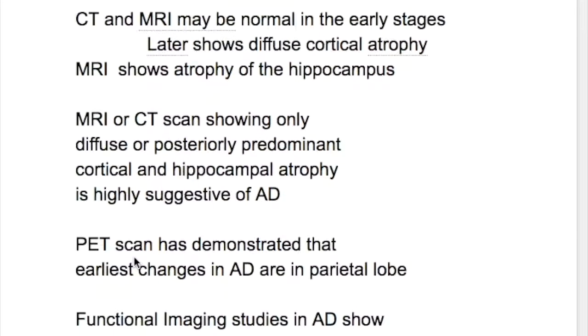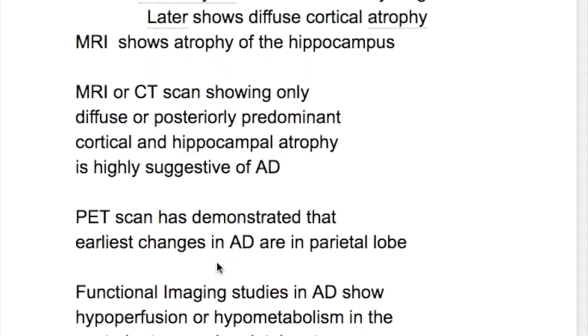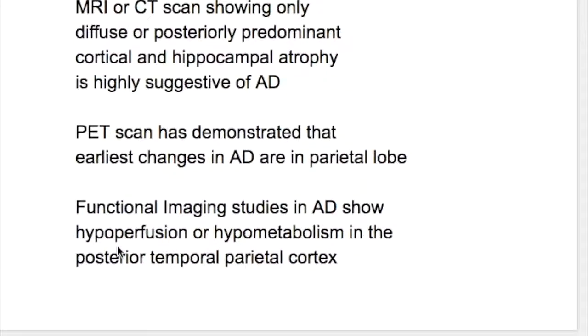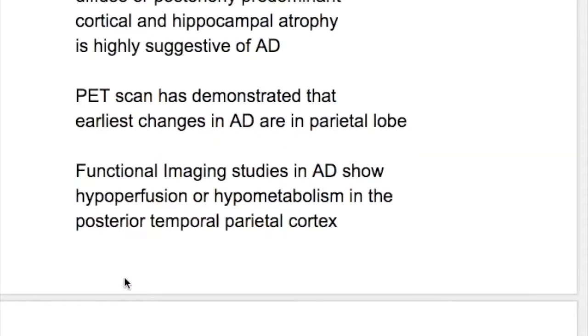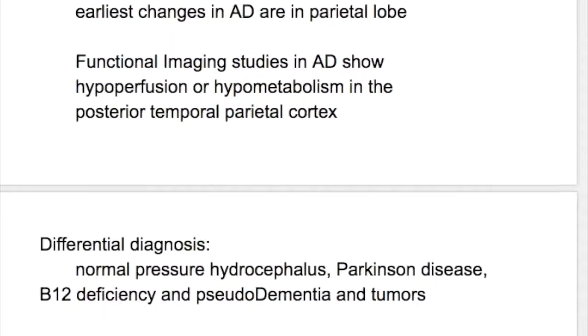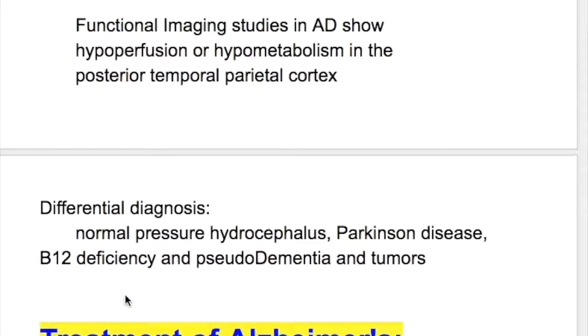PET scan has demonstrated that earliest changes in Alzheimer's disease are in parietal lobe. Next, functional imaging studies in Alzheimer's disease show hypoperfusion or hypometabolism in the posterior temporal parietal cortex. Differential diagnosis of Alzheimer's disease: normal pressure hydrocephalus, Parkinson's disease, B12 deficiency, pseudodementia and tumor.